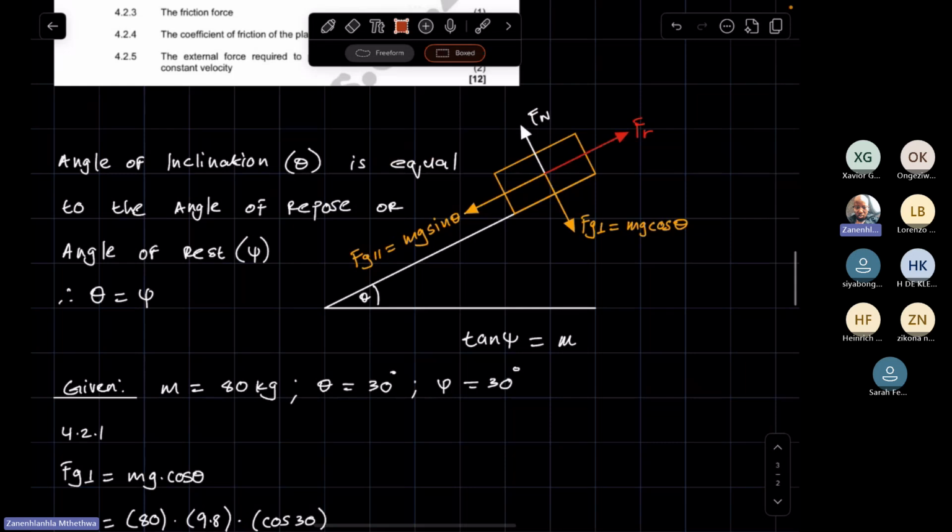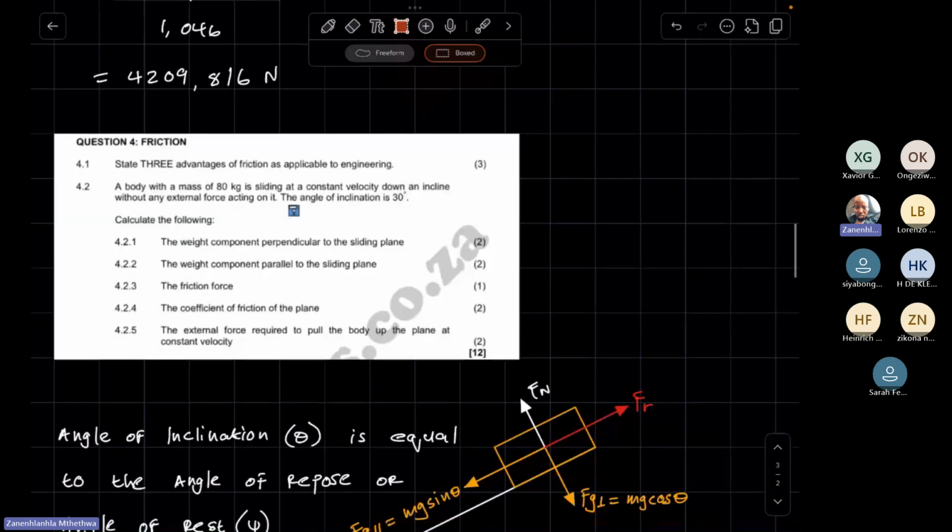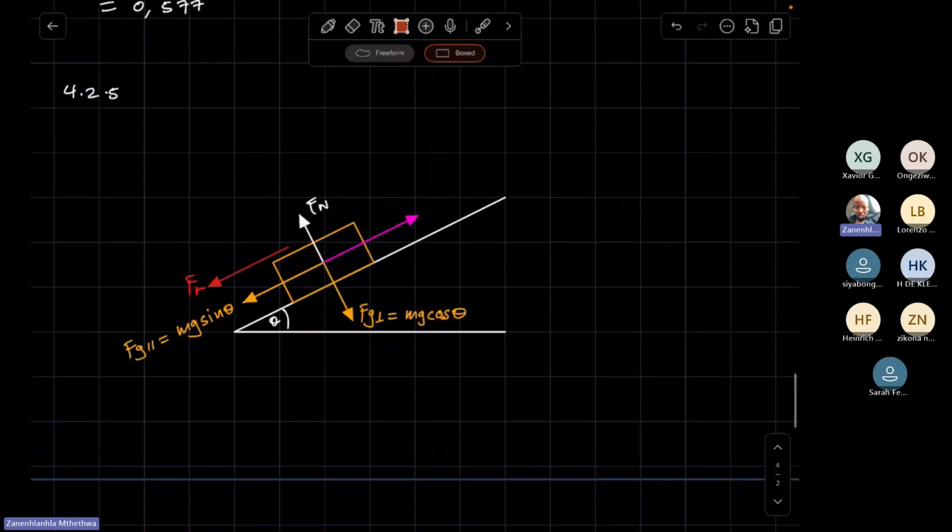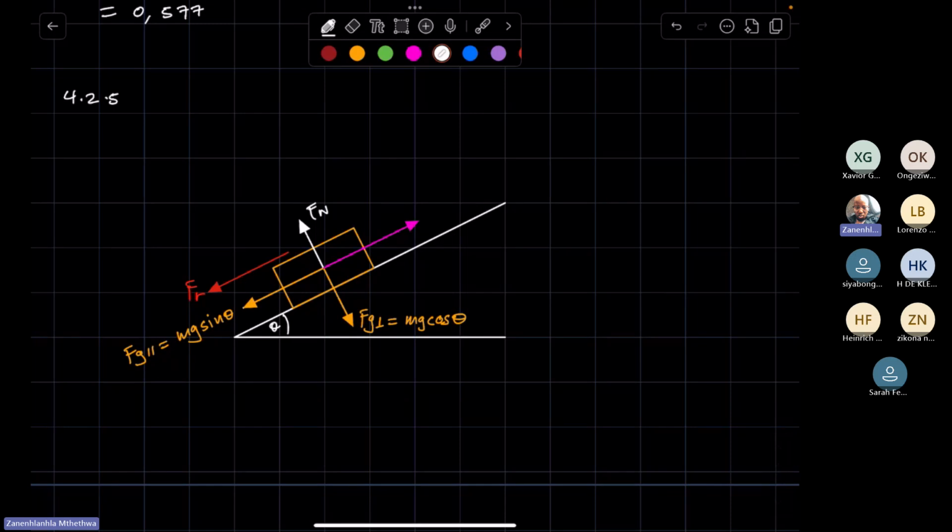They didn't call it anything, so let's just call it FT, total force applied. We have a pulling force. This pulling force is enough to pull the object up the incline at constant velocity.